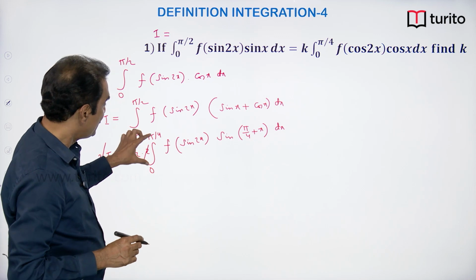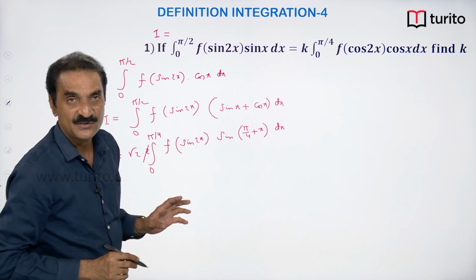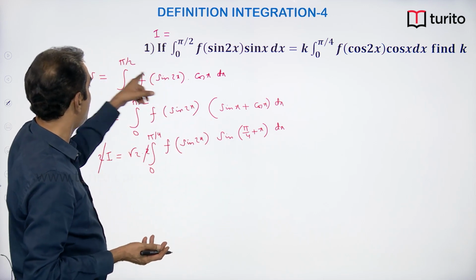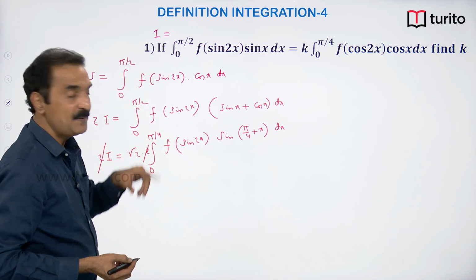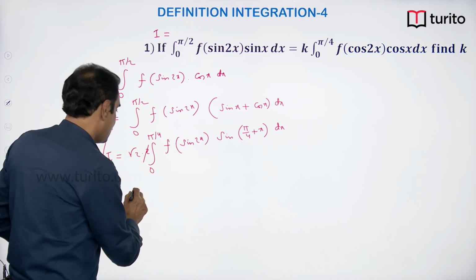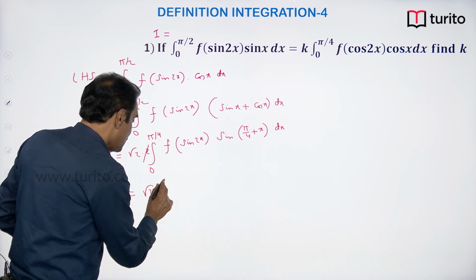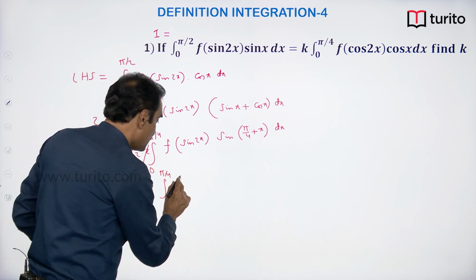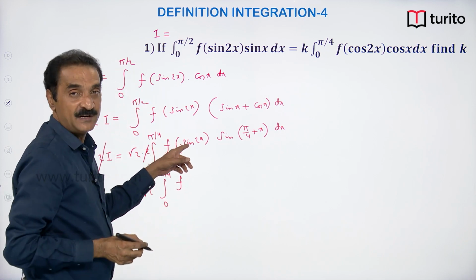Now, limits have changed and function has changed. So, again we can apply the same property which we have applied here. Substituting pi by 4 minus x, replacing x by pi by 4 minus x, integral 0 to pi by 4 f of, what will we get here?